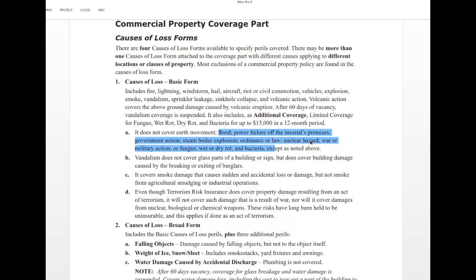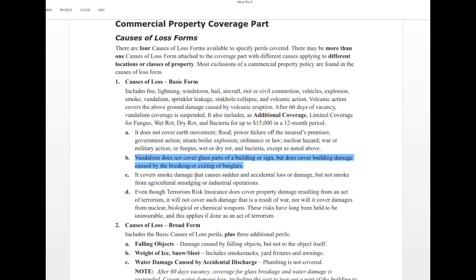Nuclear hazard, war. Here's fungus, which seems a little strange, and bacteria, except for noted above. Well, okay. And now vandalism, which doesn't cover glass parts of the building or sign, just the actual entrance and exit of the burglars.